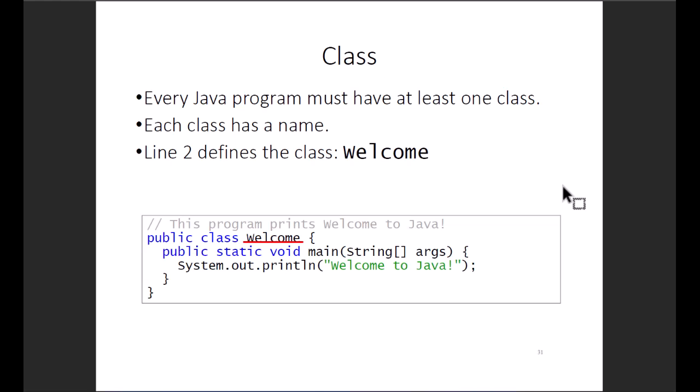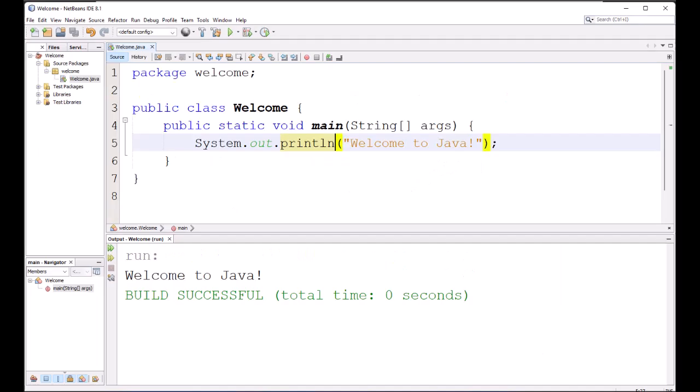Now a class. As I mentioned, every Java program must have at least one class, and each class has a name. Now public class welcome. You see, this is not blue because this is a name that I gave, and I gave this name by creating the project. Now let me go to NetBeans. I created a project called welcome.